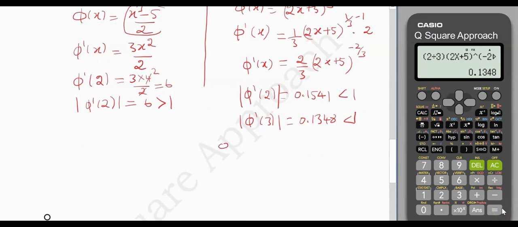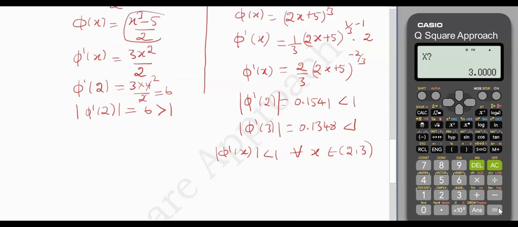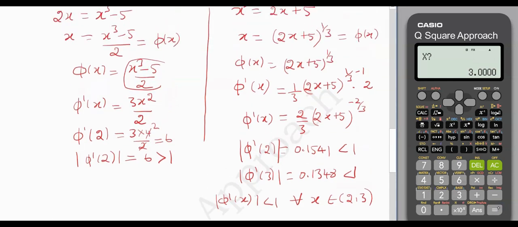So modulus of phi dash of x is less than 1 for all x belongs to (2, 3). So we can take this one, that is (2x plus 5) whole power 1 by 3, as phi of x.